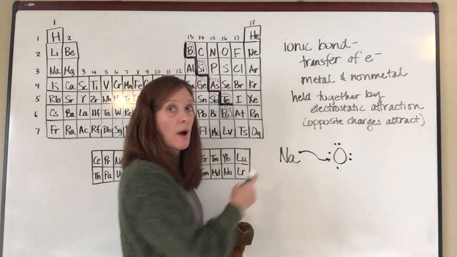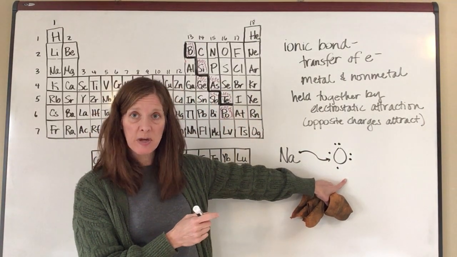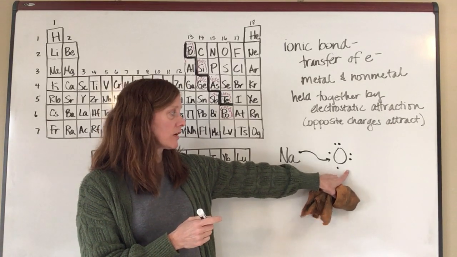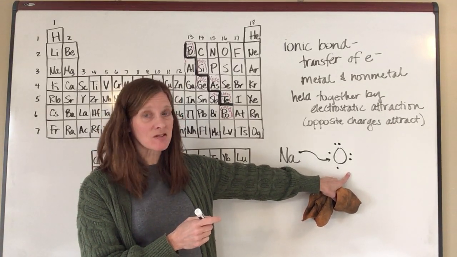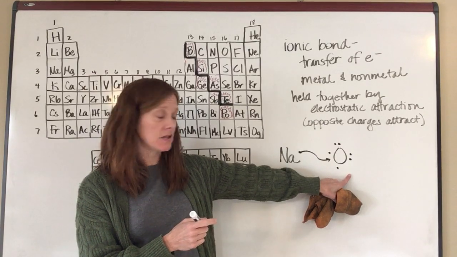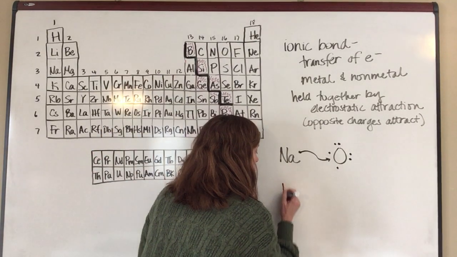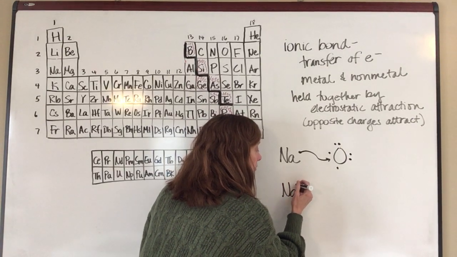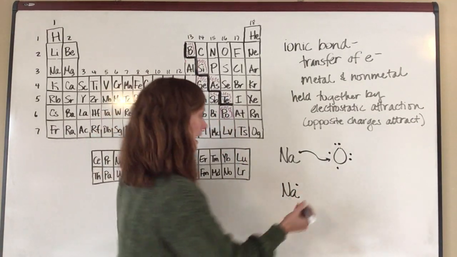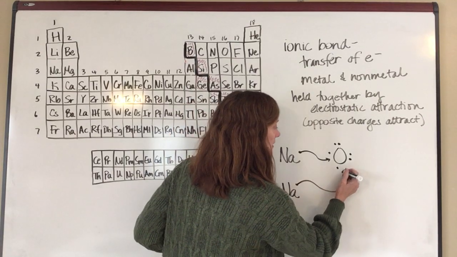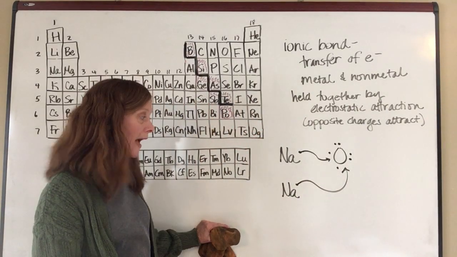So this sodium is quite happy. Is the oxygen happy? No, he's still an electron short. He has 7, but he doesn't look like a noble gas yet. He needs 8. So how am I going to fix that problem? Well, what I'm going to do is bring in another sodium atom, and it's going to take its electron and give it to the oxygen as well.